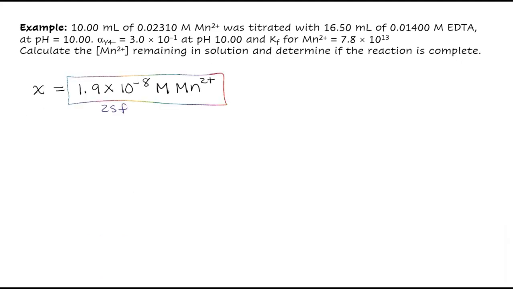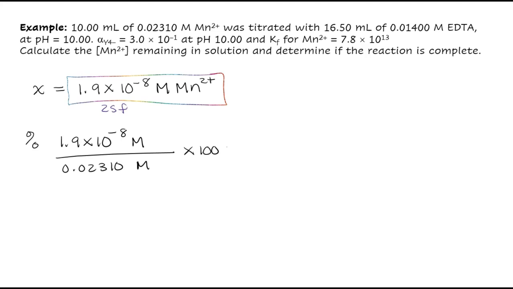We have one more step, and that is to determine if the reaction is complete. So we want to calculate the percent left in solution. Be careful here because this goes back to the original molarity. So we take the molarity that is left in solution, that's 1.9 times 10 to the negative 8, divided by the original molarity, which was 0.02310 times 100. This is not the same thing as checking the assumption.